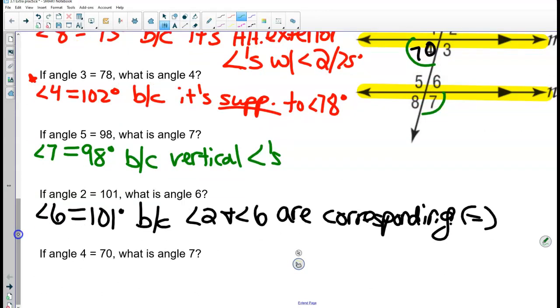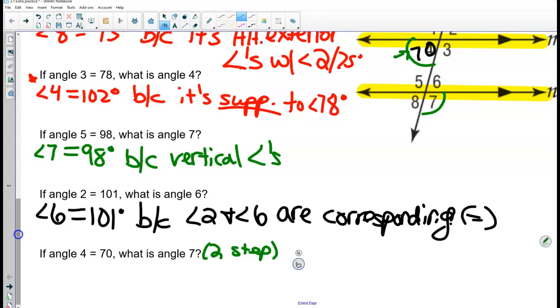So this one, if I look at it, are they corresponding? If I were to take these and plop them on there, they're not corresponding. One's on the inside, so 70 is actually on the inside of the parallel lines, and 7's on the outside. So this is going to be a 2-step explanation. I have to get there by using other definitions.